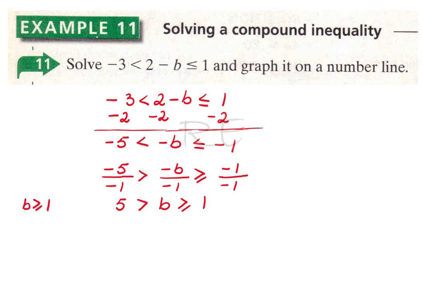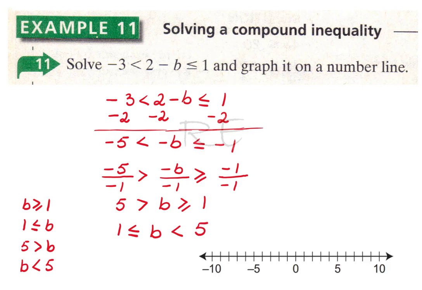If b is greater than or equal to +1, compared to b, +1 is less than or equal to b. If 5 is strictly greater than b, compared to 5, b is strictly less than 5.